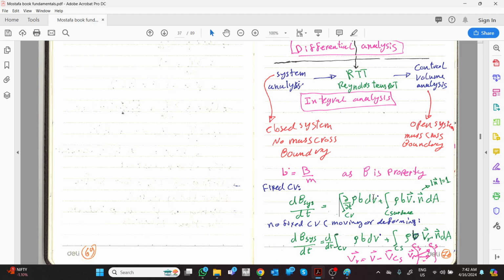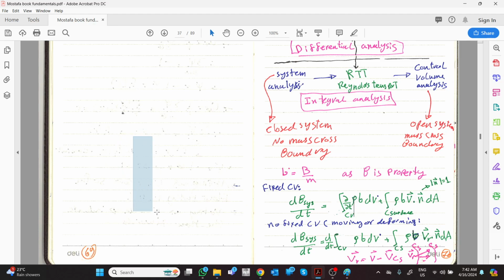Take a small slice of the volume and check. It is very simple, huh? That property per mass, what is the rate of change of it by time multiplied by the small element of density. Okay, this is for the control volume, plus the integration over the control surface.